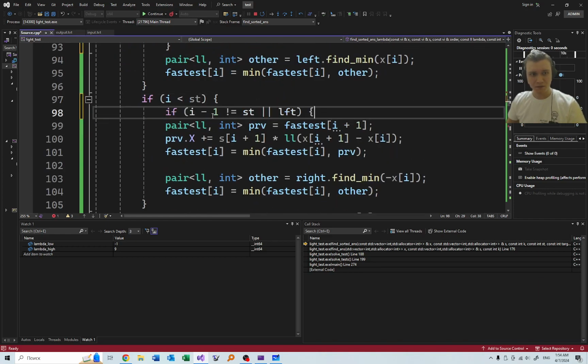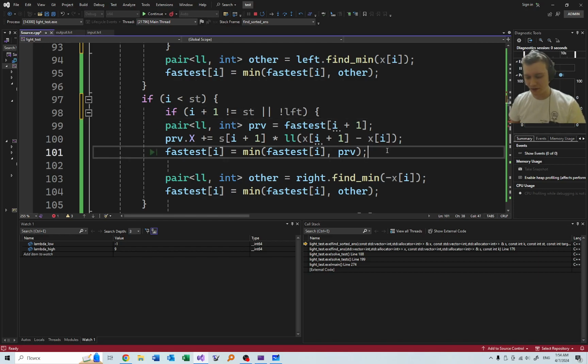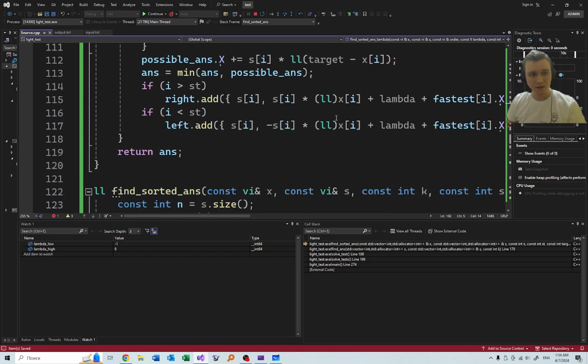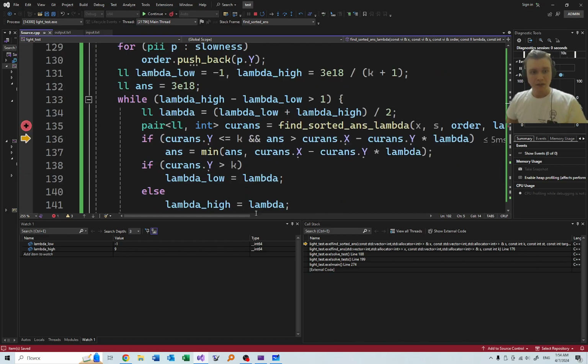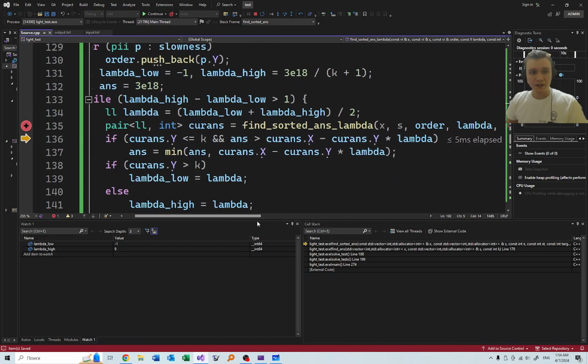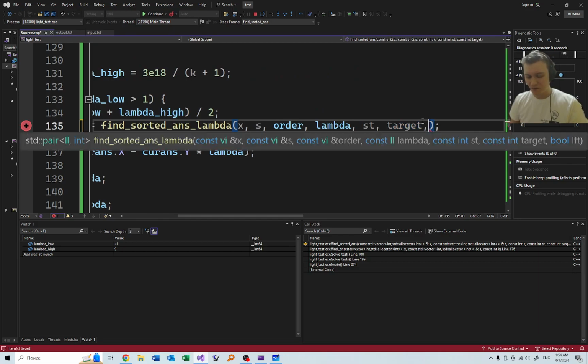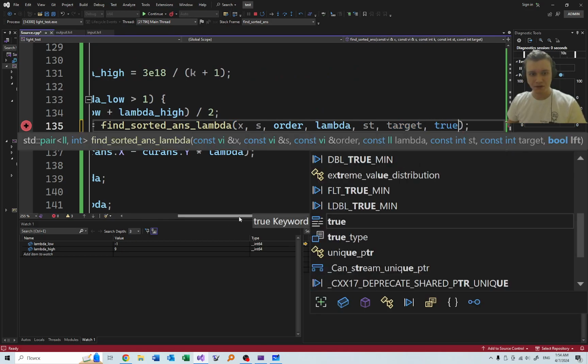And here, if yi plus 1 is not equal to start or not LFT, then this. And then here I try to take the minimum of true and false versions.